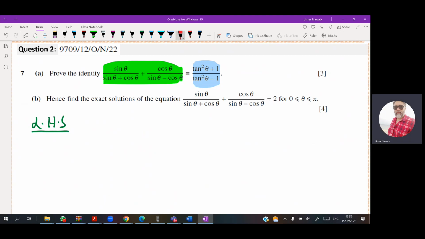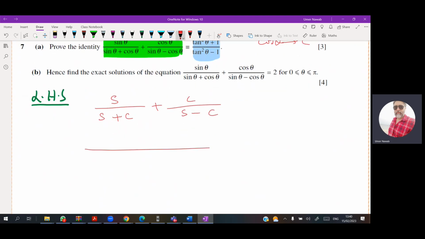May I use sine theta as S and cosine theta as C? So S over S plus C, over S minus C. I'm going to do the fraction: S times S minus C, plus C times S plus C, got it?